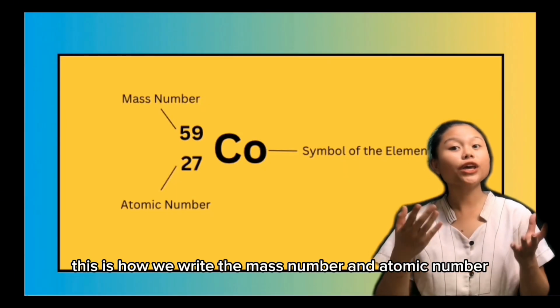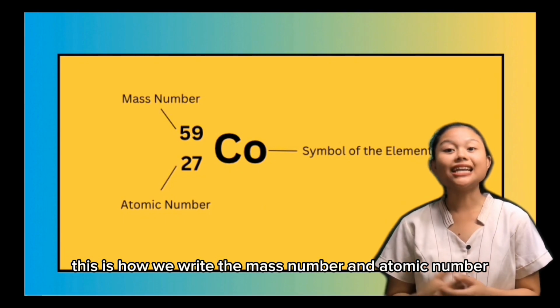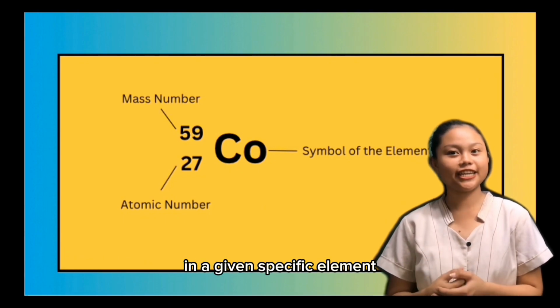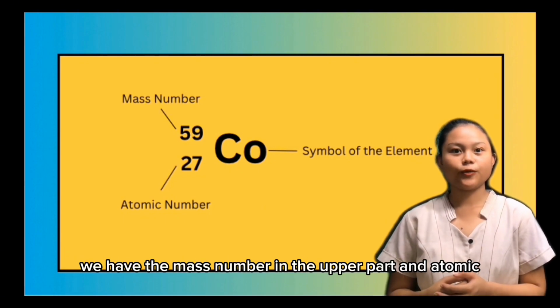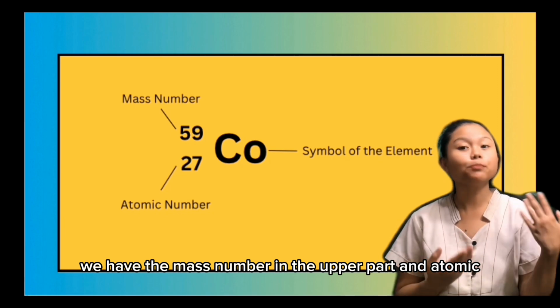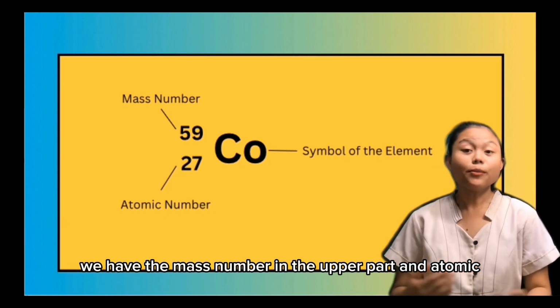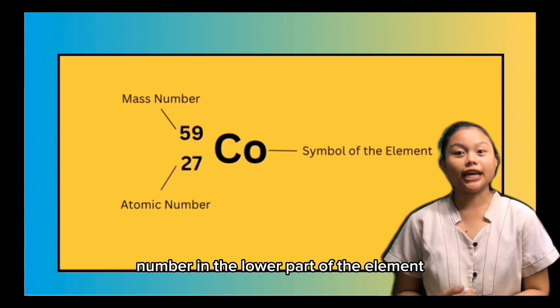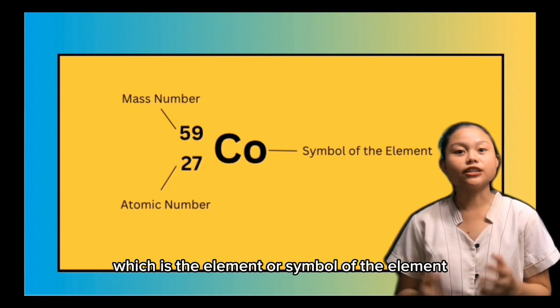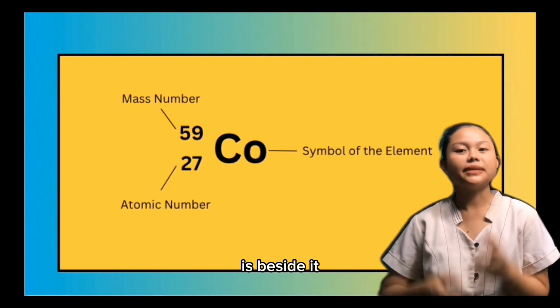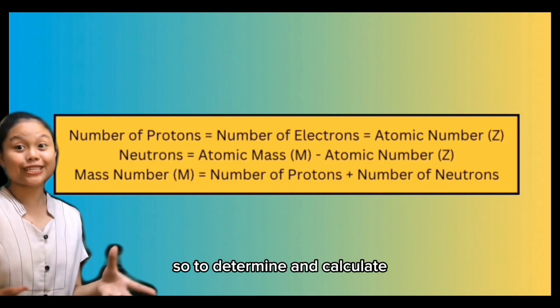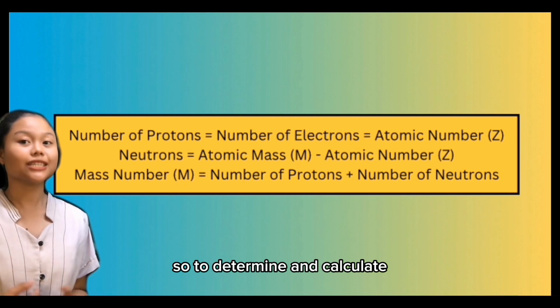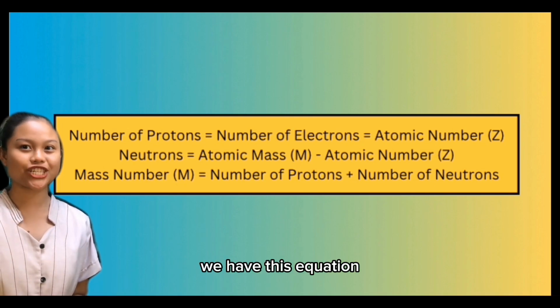This is how we write the mass number and atomic number of a given specific element. We have the mass number in the upper part and the atomic number in the lower part, and the symbol of the element is beside it. So, to determine and calculate, we have these equations.